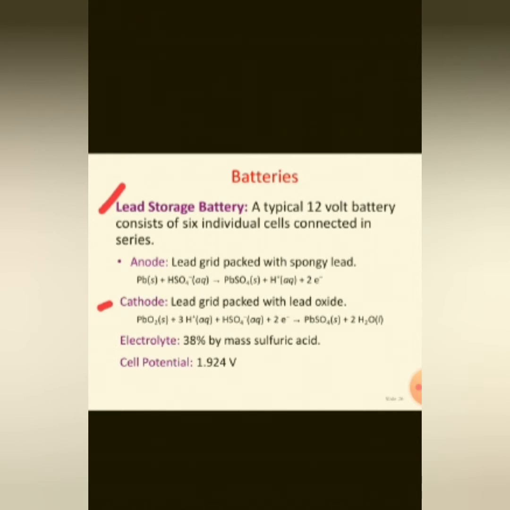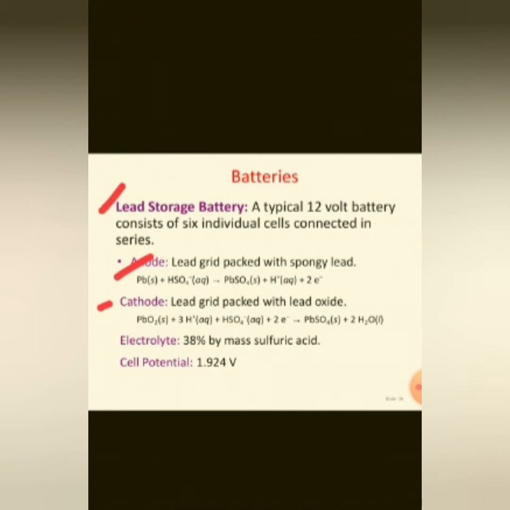At the anode, a lead grid packed with spongy lead, Pb, reacts with sulfuric acid to give lead sulfate and hydrogen ions with the release of 2 electrons. It means here lead is oxidized into lead sulfate by giving 2 electrons.